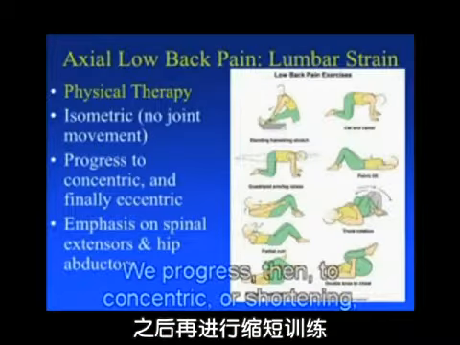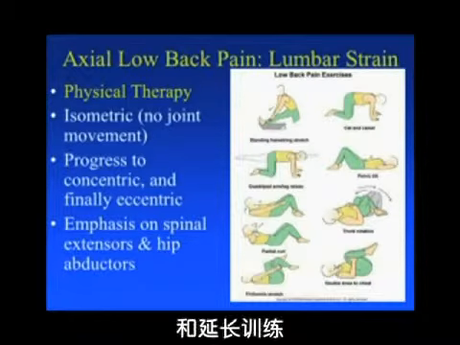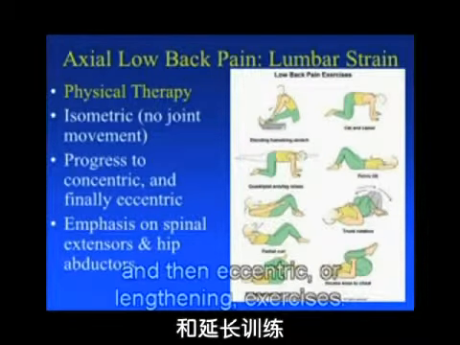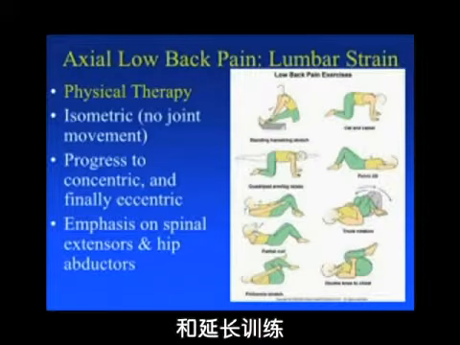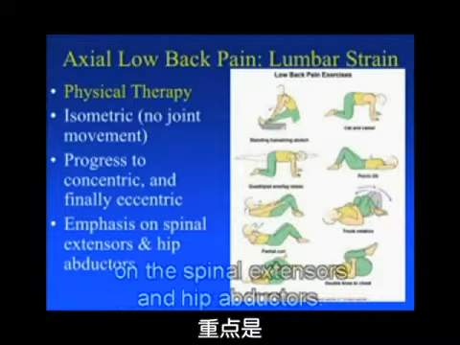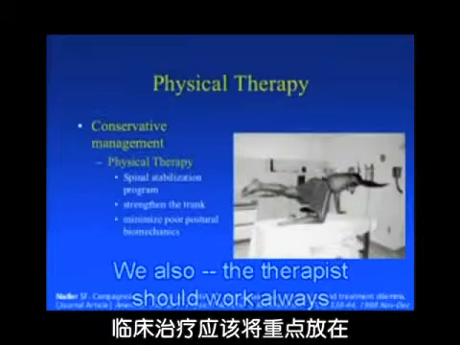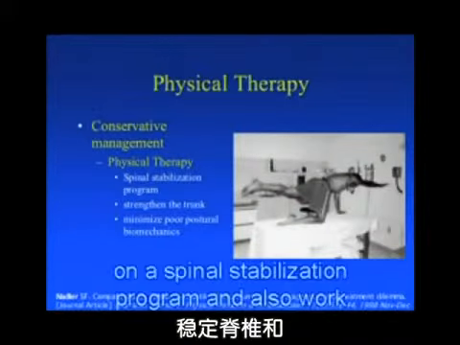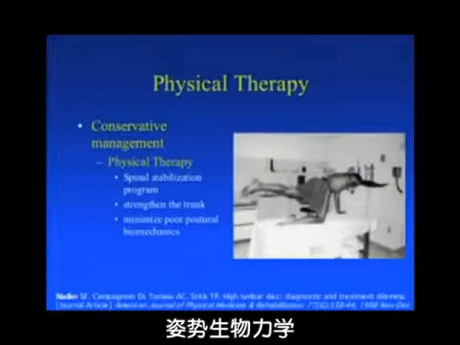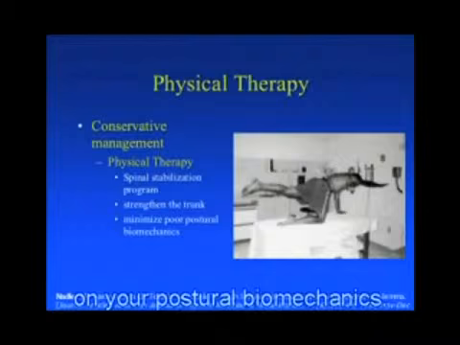We progress then to concentric or shortening, and then eccentric or lengthening exercises. The emphasis is always on spinal extensors and hip abductors. The therapist should also work on a spinal stabilization program and on your postural biomechanics.